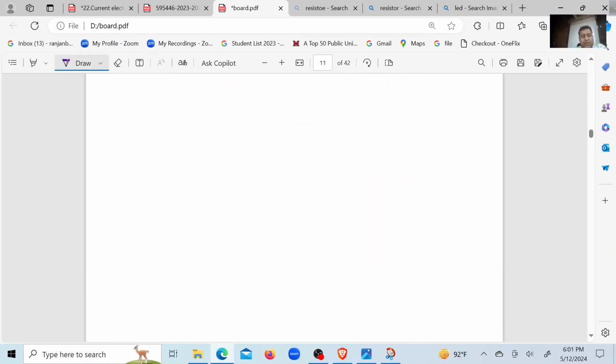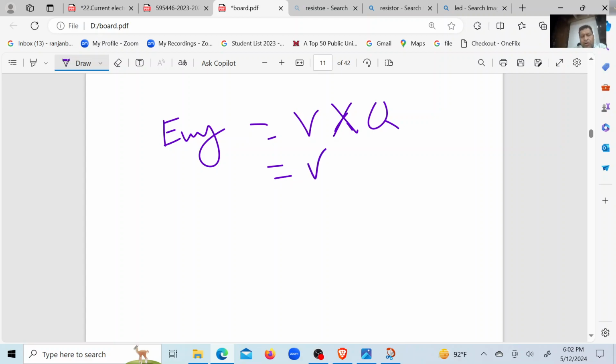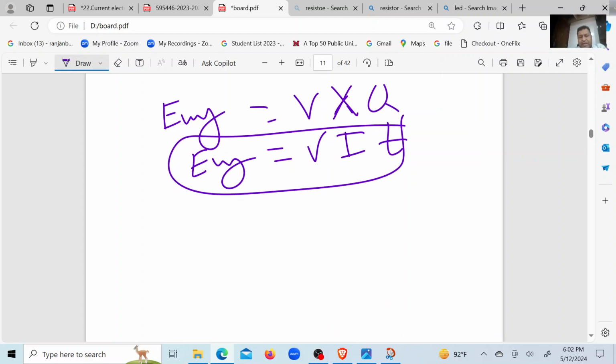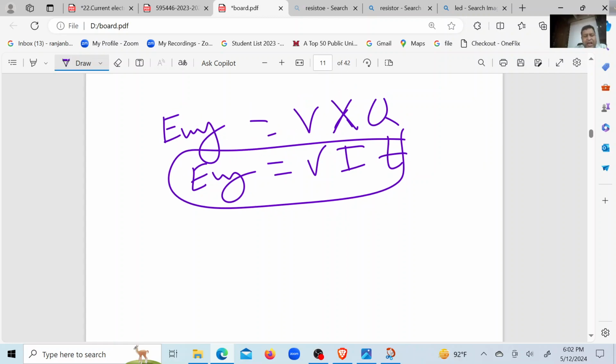Now, the formula for power and energy. Look, energy is voltage into charge, or VIT. Most of the time we use VIT. That means how long the device gets the current is very important here, right?